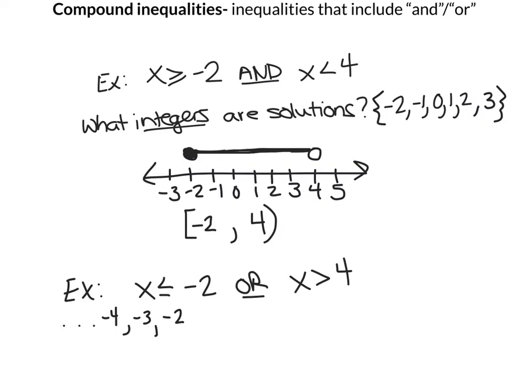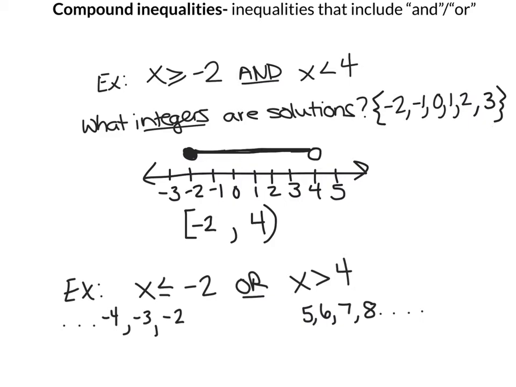For x is greater than 4, that would be the numbers 5, 6, 7, 8, and so on. Just looking at integers. We know we can include decimals, but we're just going to include integers right now.